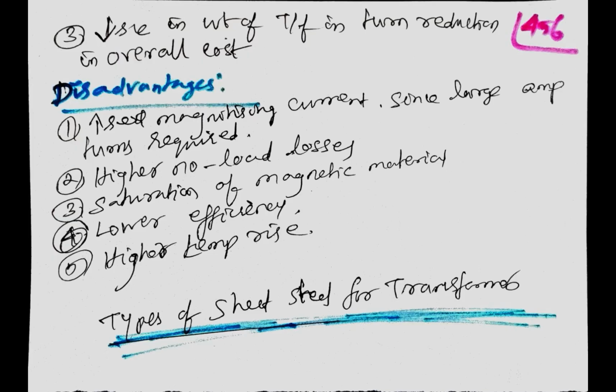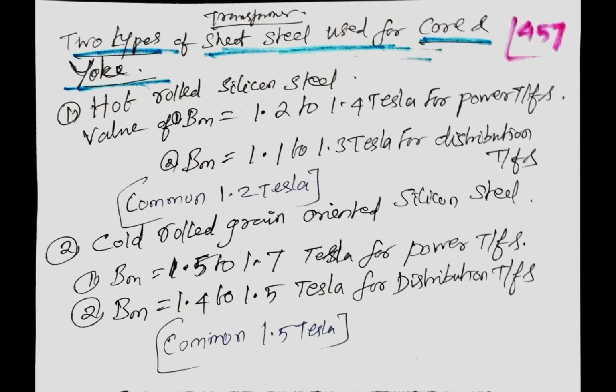Types of sheet steel for transformer. Two types of sheet steel are used for core and yoke. Hot rolled silicon steel: Bm is equal to 1.2 to 1.4 Tesla for power transformers and 1.1 to 1.3 Tesla for distribution transformers.